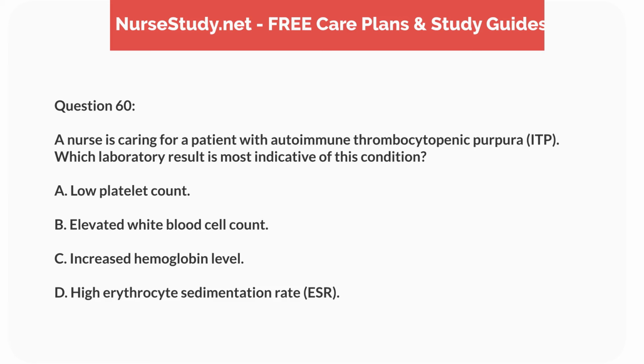Question 60. A nurse is caring for a patient with autoimmune thrombocytopenic purpura, ITP. Which laboratory result is most indicative of this condition? A. Low platelet count. B. Elevated white blood cell count. C. Increased hemoglobin level. D. High erythrocyte sedimentation rate, ESR.